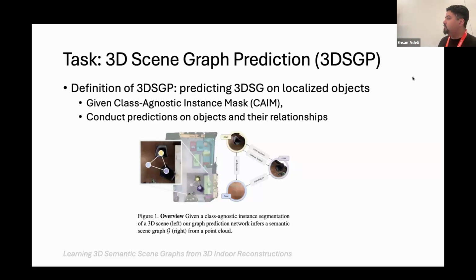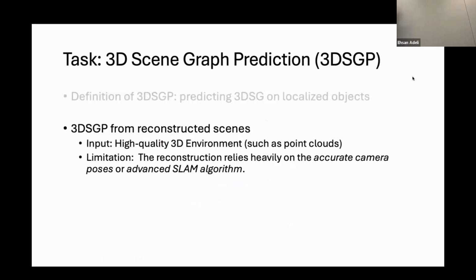The instance segmentation of the 3D scene would be provided as a class-agnostic instance mask, CAIM, as the input to the network, and the network would conduct prediction on objects and their in-between relationships. Most existing 3D SGP work expects to take a high-quality 3D reconstructed environment as input, such as a point cloud, upon which their graph prediction network could be built.